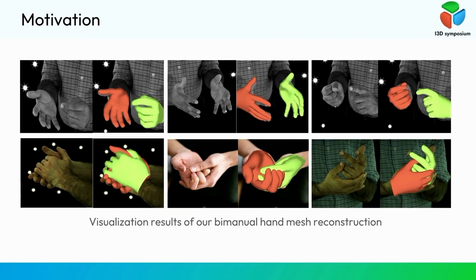Here we show the visualization results of our bimanual hand mesh reconstruction. The left hand is shown in gray and the right hand in orange, making it easy to distinguish the two. As you can see, our model accurately captures the detailed movements of both hands while maintaining a stable spatial relationship between them, demonstrating strong reconstruction performance.